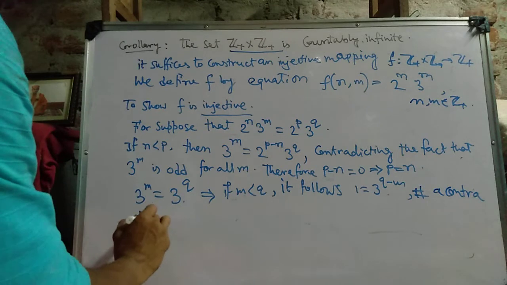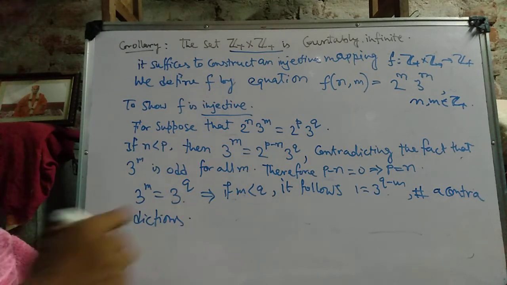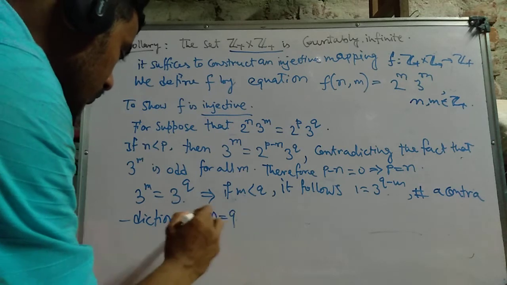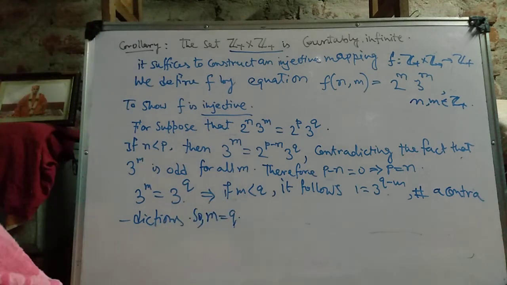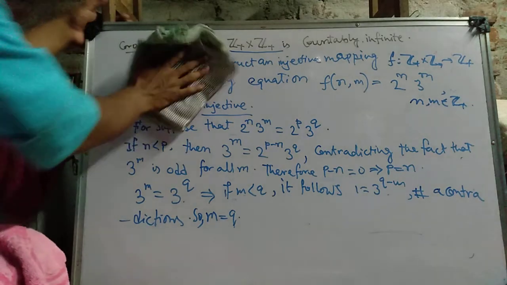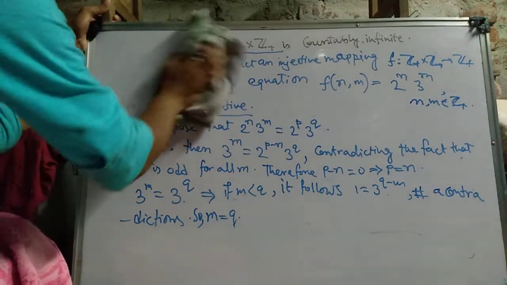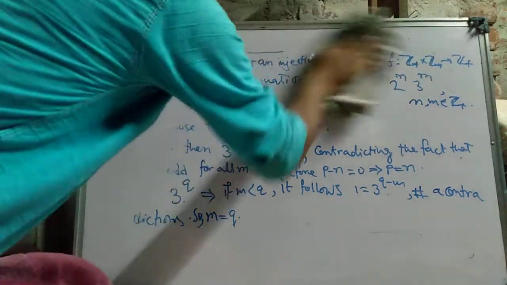So m equals q. Now Z plus Cartesian product Z plus is countably infinite. We will proceed further and also erase this portion.